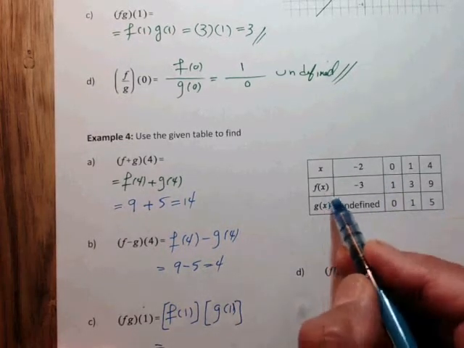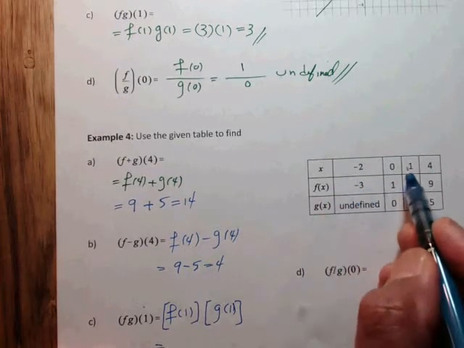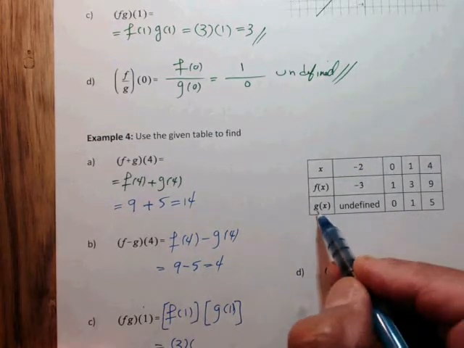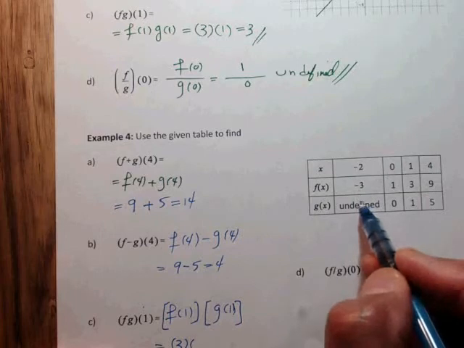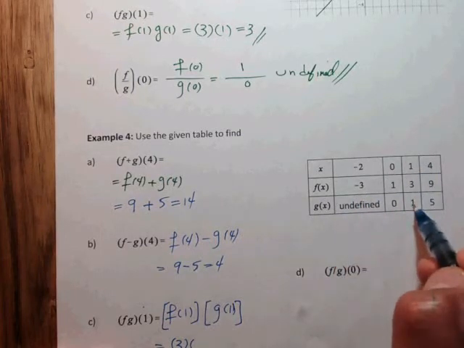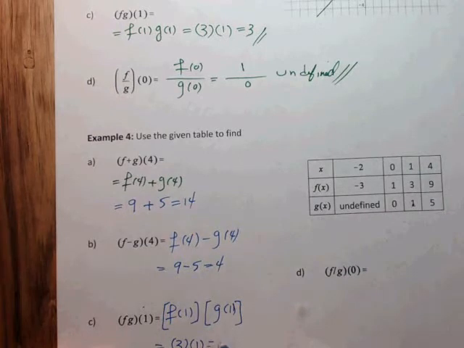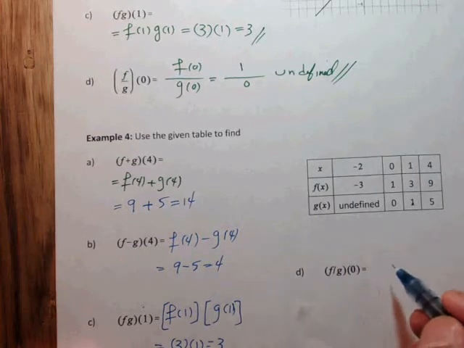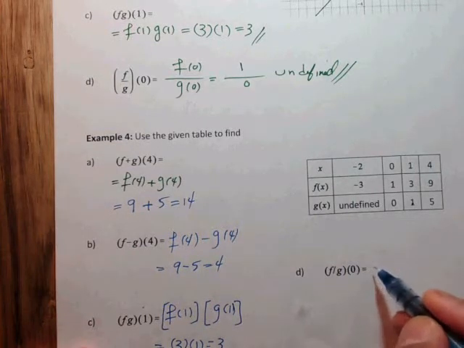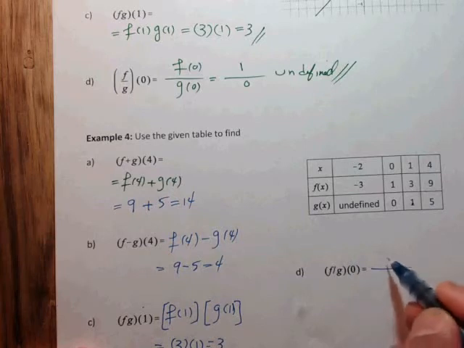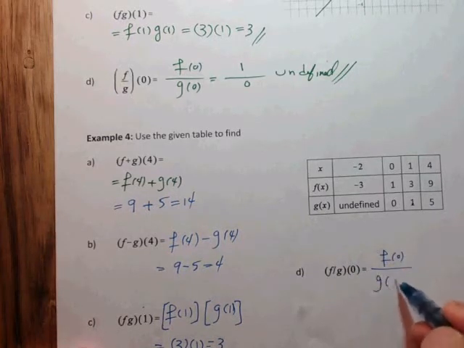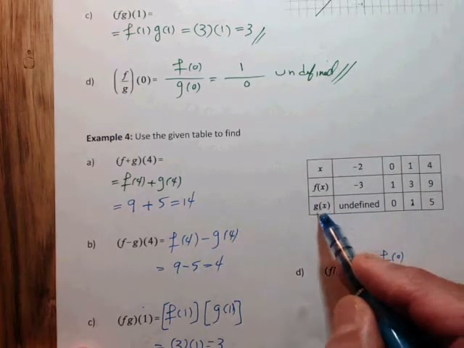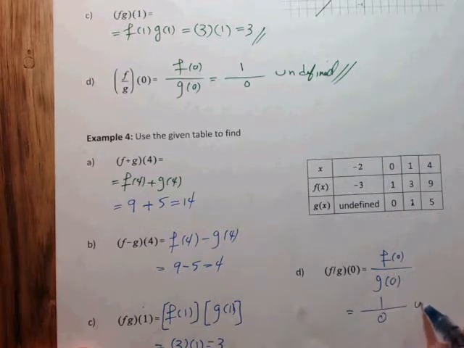F of 1 is 3, g of 1 is 1. So we get 3. F over g, so f of 0 divided by g of 0. F at 0 is 1, g at 0 is 0, this is undefined.